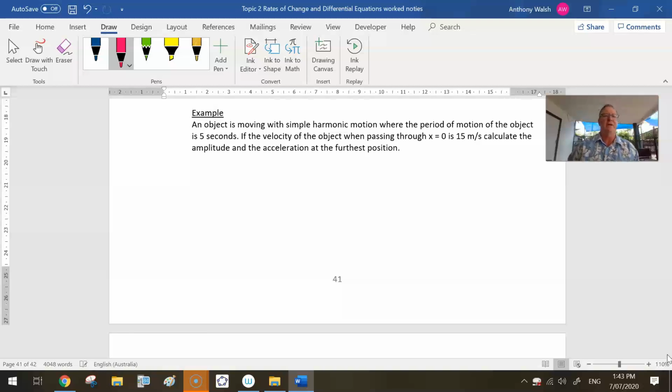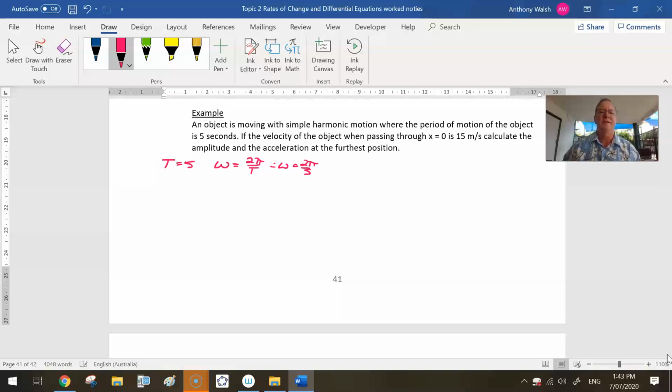So straight away we can say that T, the period, is 5 seconds. And we already know that omega is equal to 2 pi on T. That's one of our formulas that's on the formula sheet. So therefore, omega is 2 pi on 5 in this case.